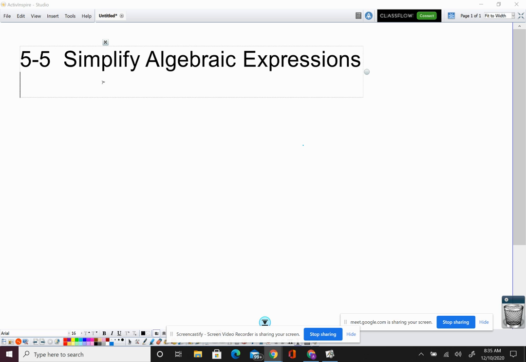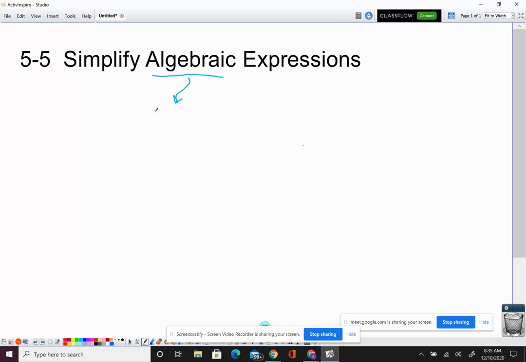Simplifying algebraic expressions. And what is an algebraic expression? We've been working with them throughout this chapter. Remember, algebraic meaning that we're going to have some variable in our expression, and our expression is just something that doesn't have an equal sign in it.